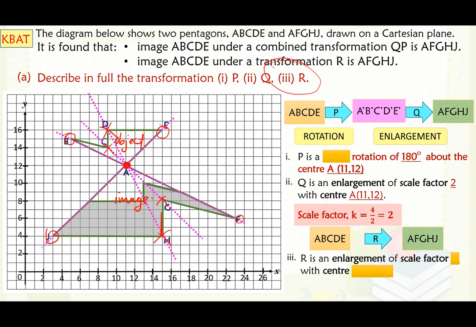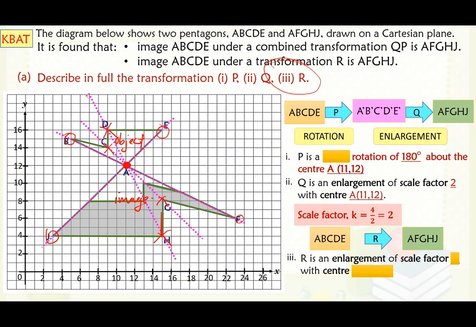Still remember the first slide of the PowerPoint that I posted before? Usually the image of the enlargement is at the back of the center of enlargement, but now the image is in front, beyond the center of the enlargement. So our scale factor will become negative.